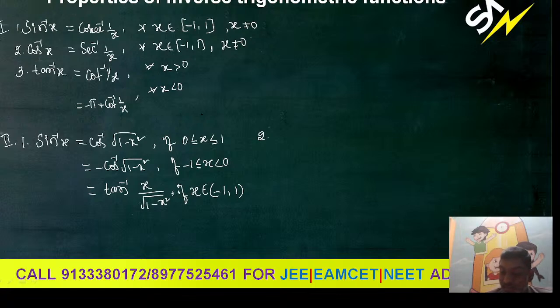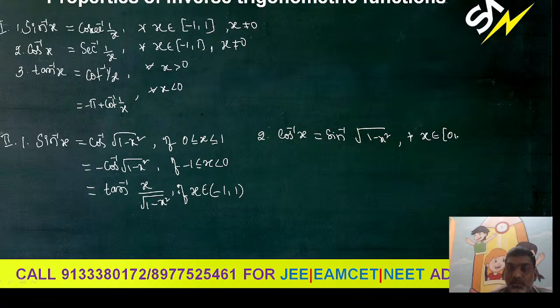And next, the second property, cos inverse of x is equals to sine inverse of under root of 1 minus x square, for all x belongs to closed interval 0 comma 1.